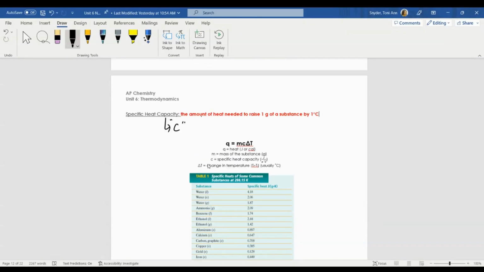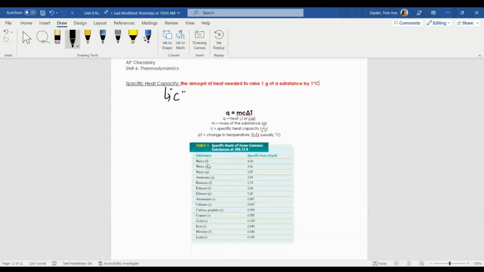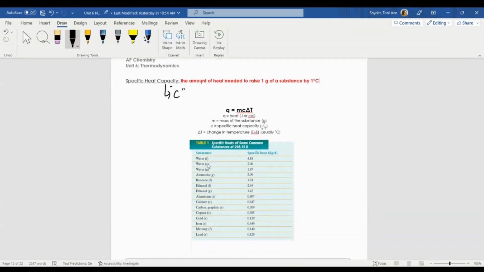If I look at table 1 below, the specific heat capacity is different for basically everything. Liquid water has 4.184. A lot of times you might see another sig fig tacked onto there. That means that we have to input 4.184 joules of energy to raise 1 gram of water by 1 degree Celsius.